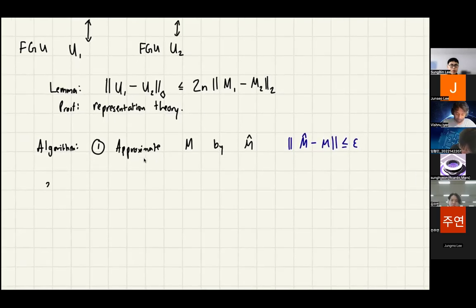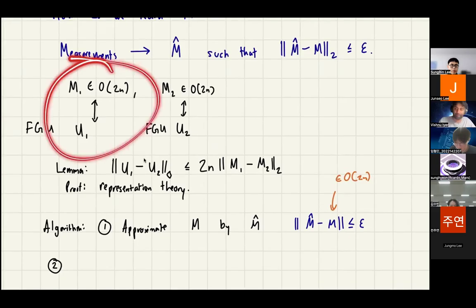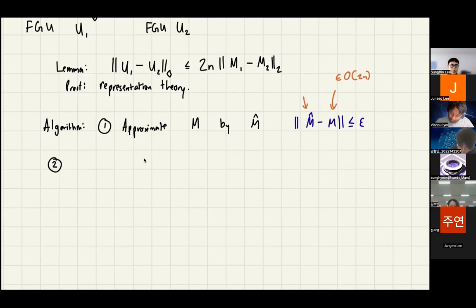The second step. Now this matrix over here, M, is in the orthogonal group, because it corresponds to some fermionic Gaussian unitary. This matrix, M hat, is not in the orthogonal group. So to get a fermionic Gaussian unitary, we need to send it to the orthogonal group.